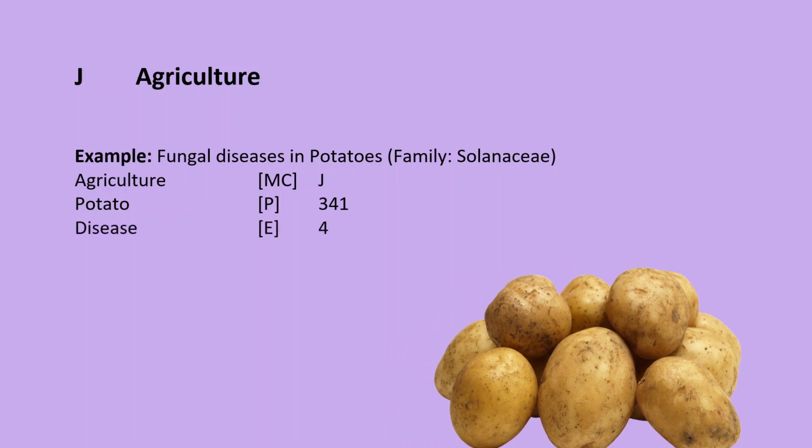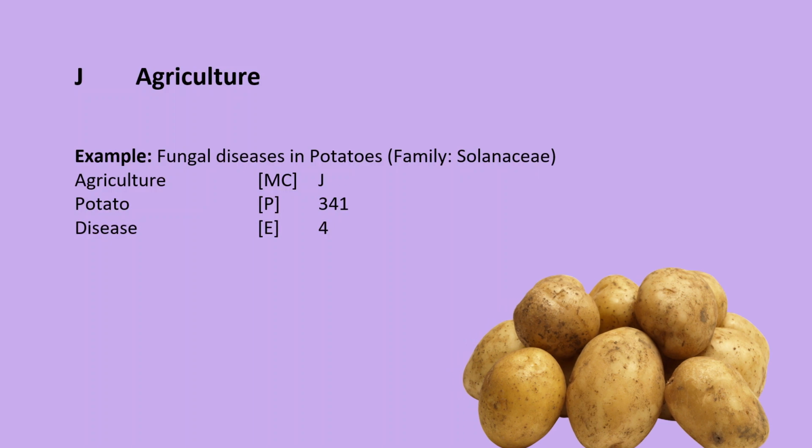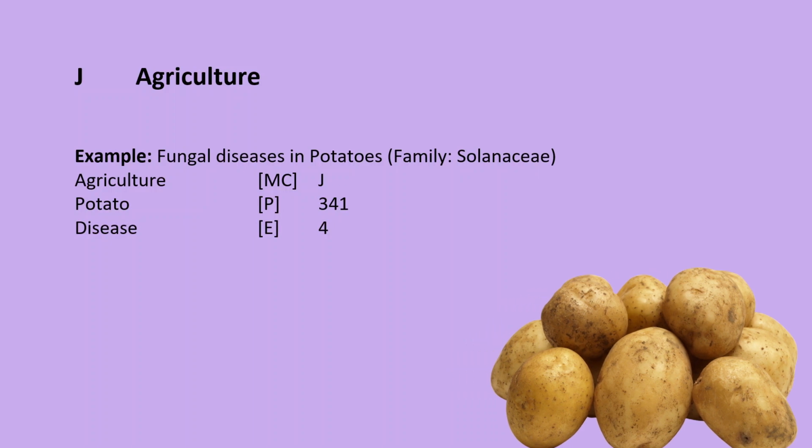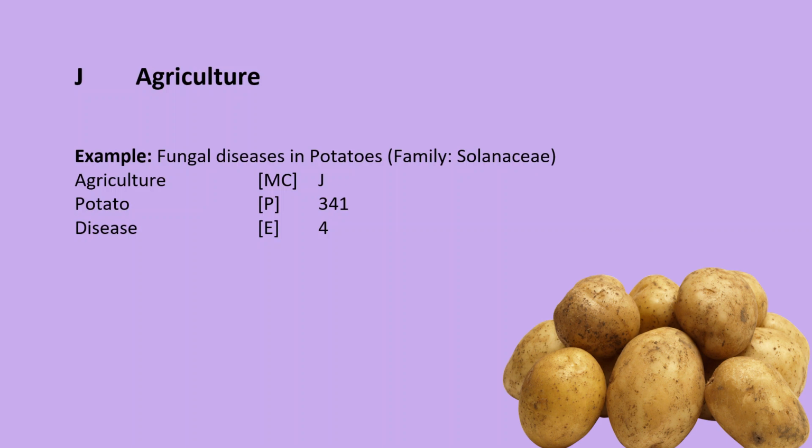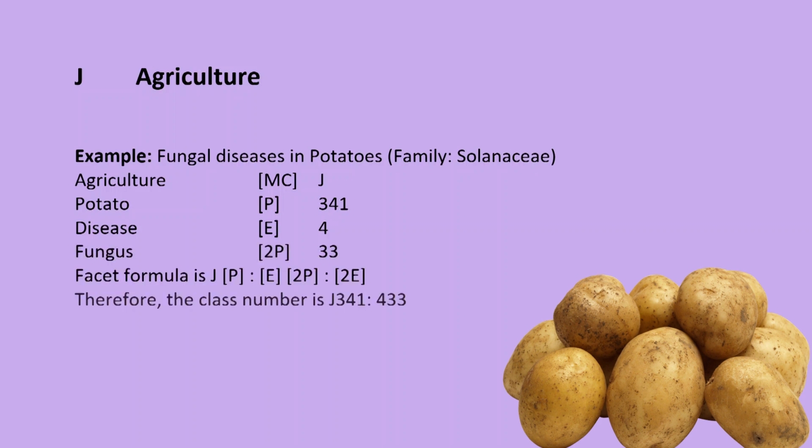Disease is denoted in the energy facet as 4, and then in the second round personality facet we get fungus 33. So fungal diseases in potatoes will be J341 colon 433.